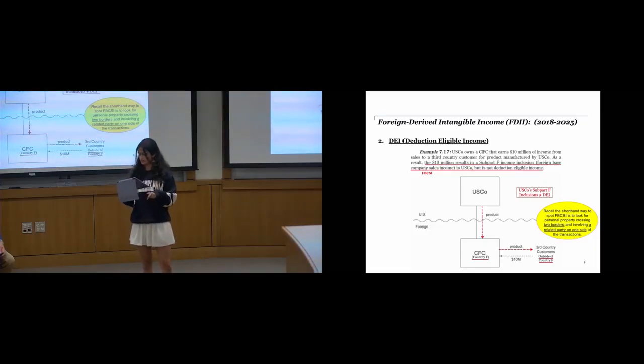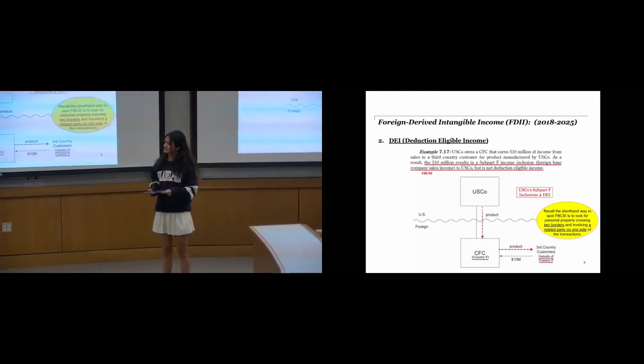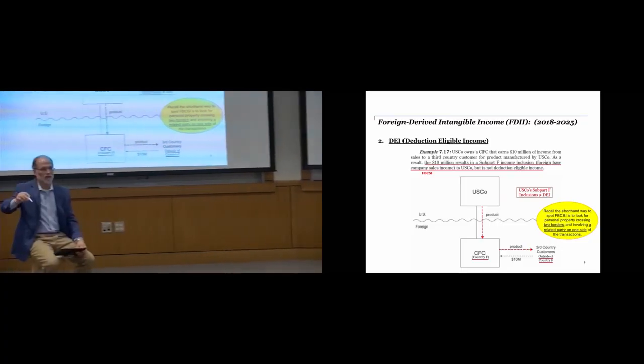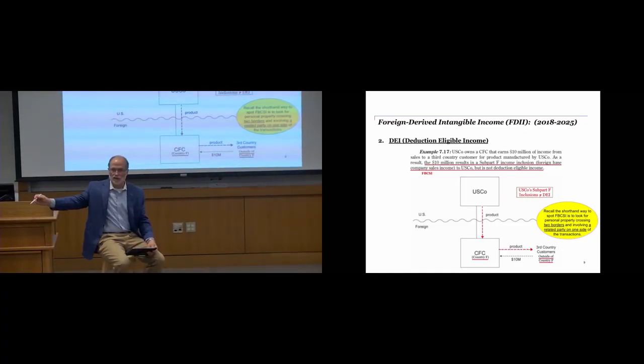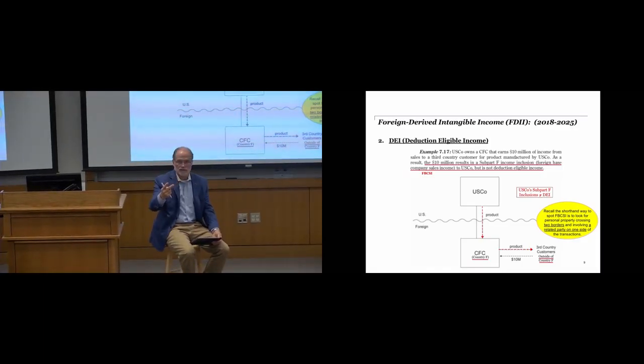Yes, so Meta, right? As Meta was saying, we have a sale of product from the United States to a CFC, and then that CFC on-sells it. Remember our shorthand way for foreign base company sales income was Subpart F: crosses two borders and has a related party on one side.